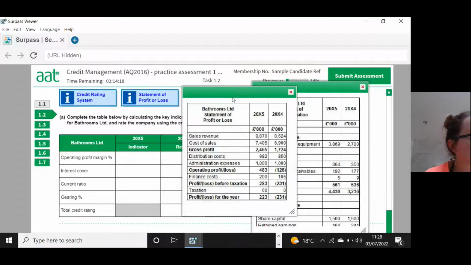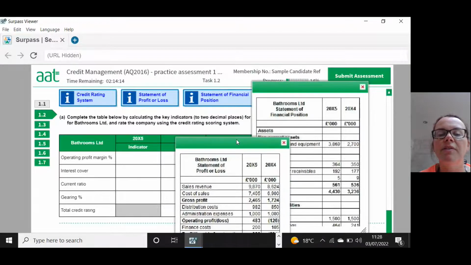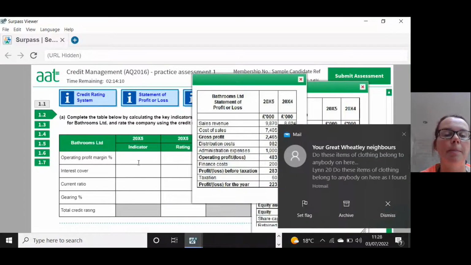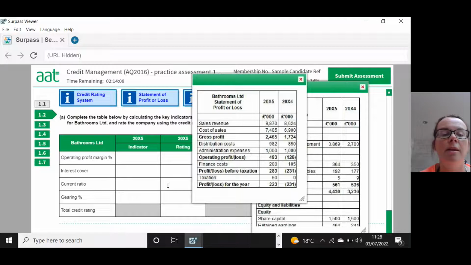Make sure you look and see what the required level of accuracy is, so 2 decimal places. So that gives me 4.89%. Personally, I would just work out all the figures first and then do the ratings, but it's up to you which way around you do it.